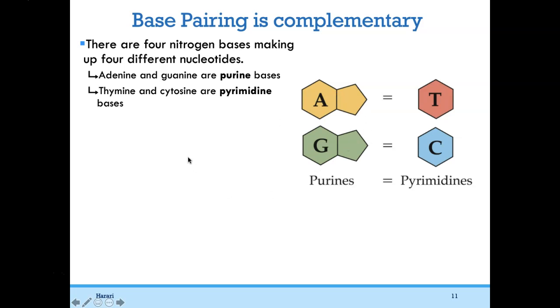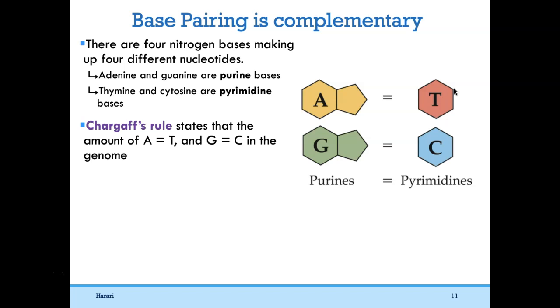A trick to remember that is all the bases that end in -ine, like nine, are purines. Like guanine, adenine are purines. Thymine and cytosine nitrogenous bases only consist of 1 single ring, and those are called pyrimidines. So a purine can only match up with a pyrimidine.